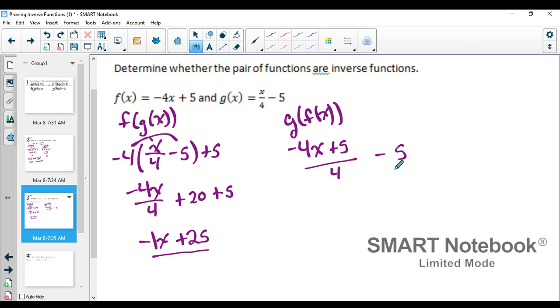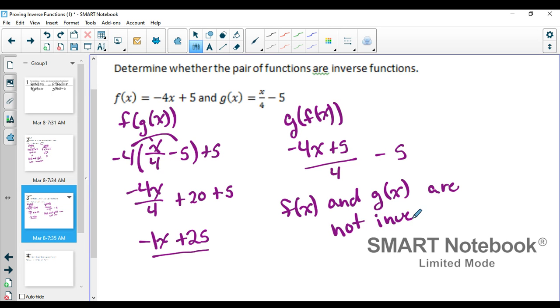And at this point, there is no way to simplify any of this. So right away, we can say that f of x and g of x are not inverses. Okay, so in this situation, neither one simplified to x, so right away they're not inverses.